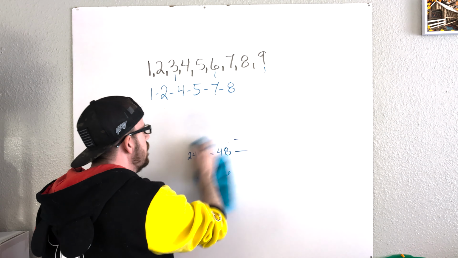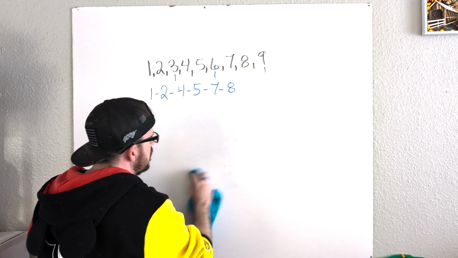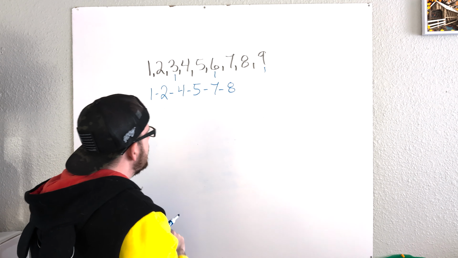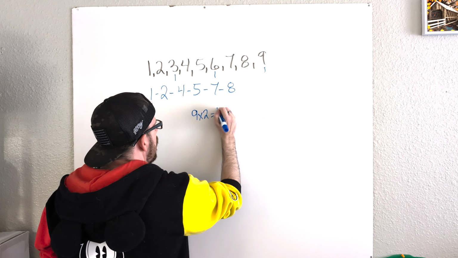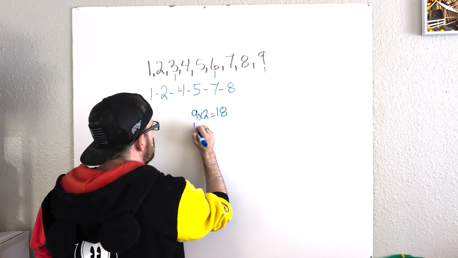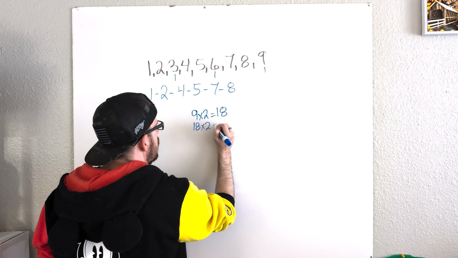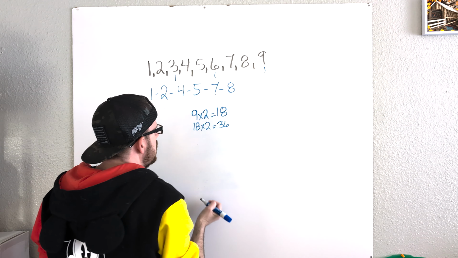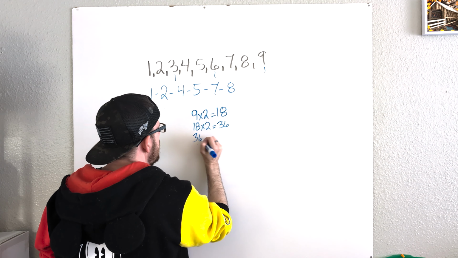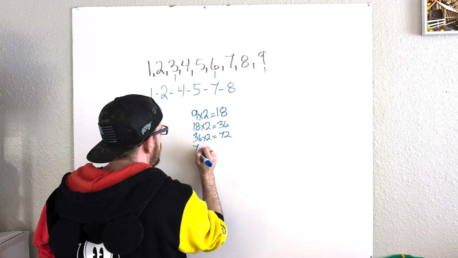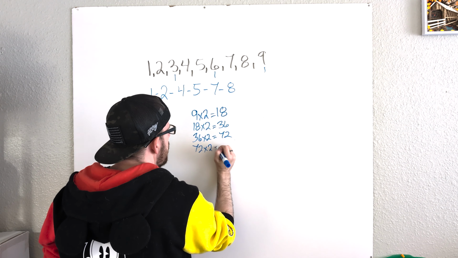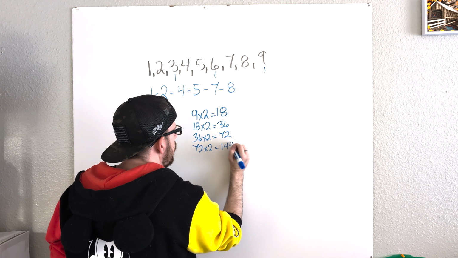Well, 9 is different because 3 plus 6 is going to end up being 9. But if I were to continue that exact same doubling and I do 9 times 2, I get 18. 18 times 2 is 36. 36 times 2 is 72. 72 times 2 is 144.